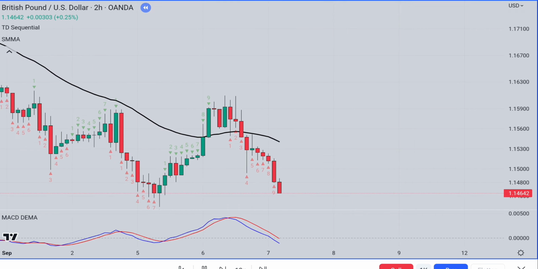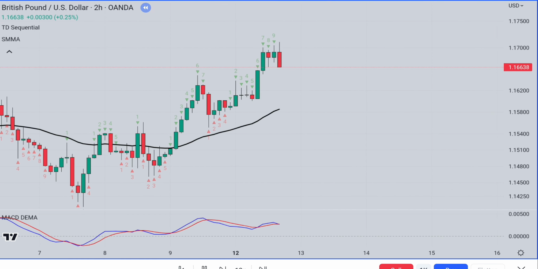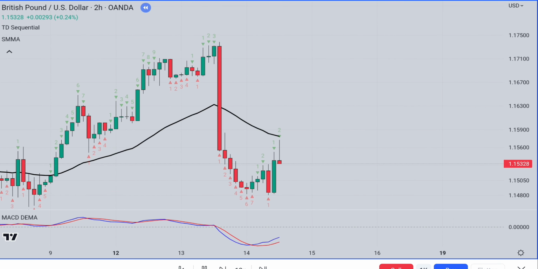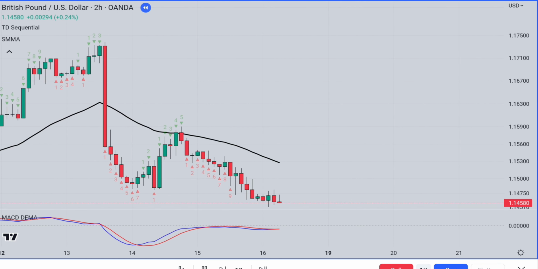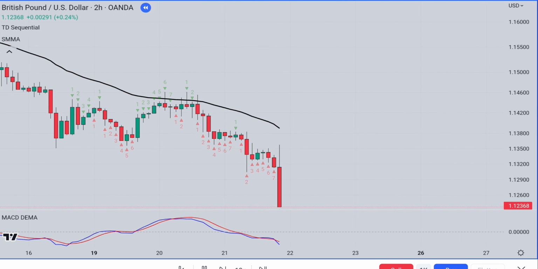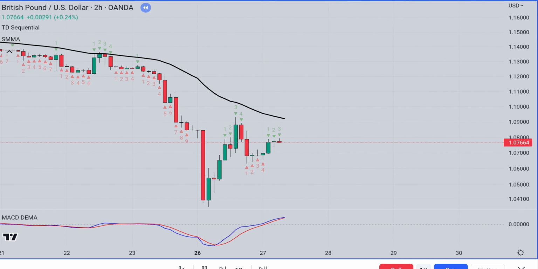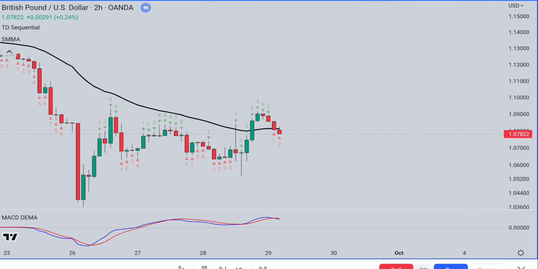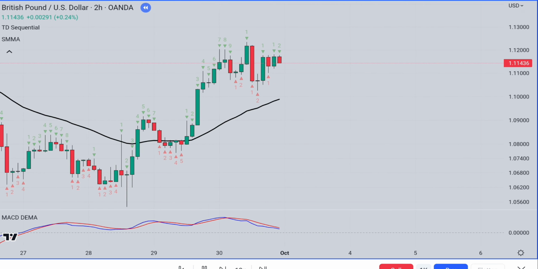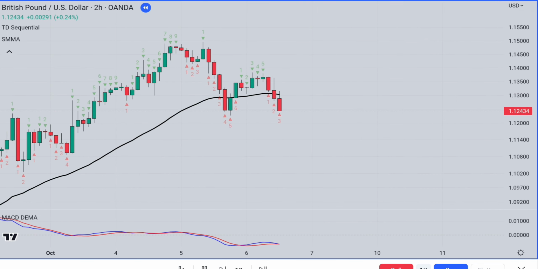But before we dive into the details, let me give you a bit of background on these indicators. The TD sequential indicator was developed by Tom DeMark and is based on the concept of trend exhaustion, helping us to identify potential trend reversals. The Dema and SMMA indicators are both variations of the moving average convergence-divergence indicator, which is a popular tool for analyzing momentum in the market.